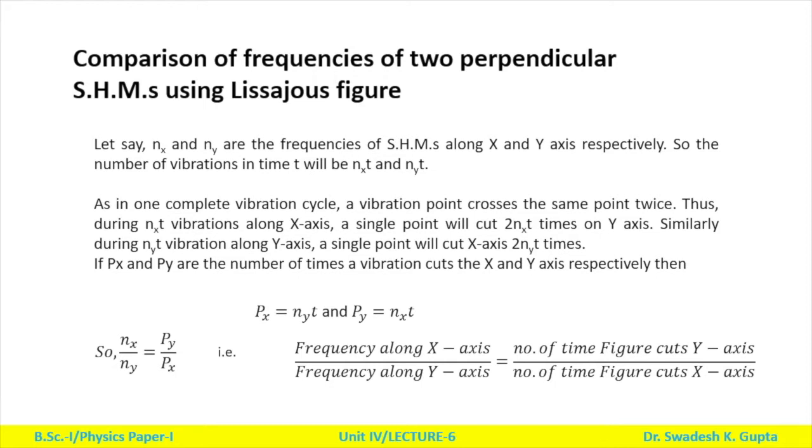So if nx and ny are the frequencies of two SHMs along x and y direction respectively, then in time t, the number of vibrations will be nx t and ny t. Why? Because the frequency is defined as the number of vibrations in 1 second. So in t time there will be n into t vibrations.